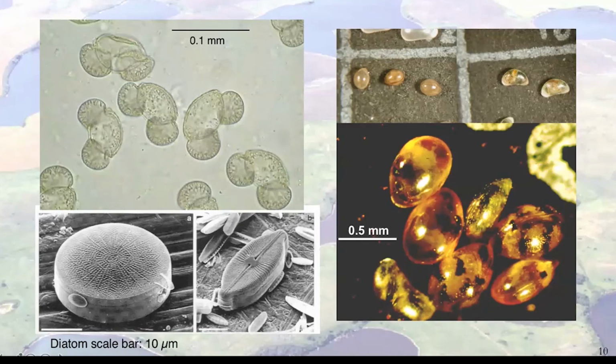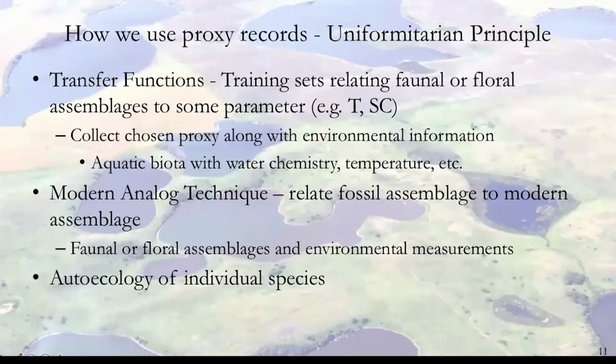So how do we use proxy records? The uniformitarian principle is used. Transfer function is a very popular method. We make sets that relate faunal or floral data to some parameter.